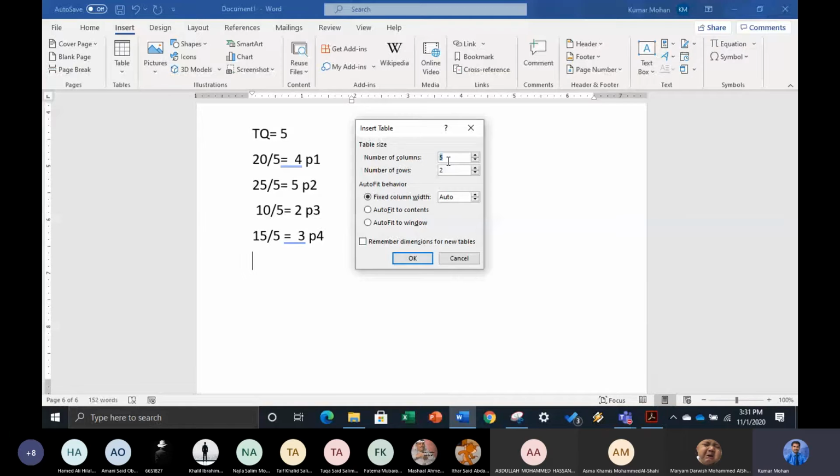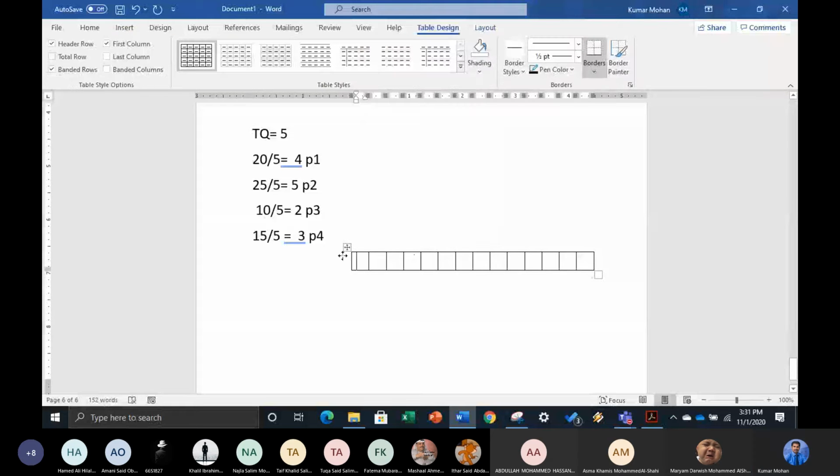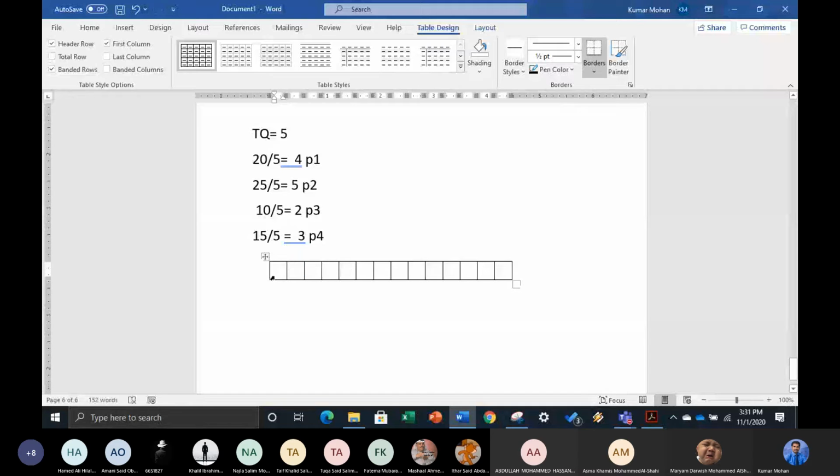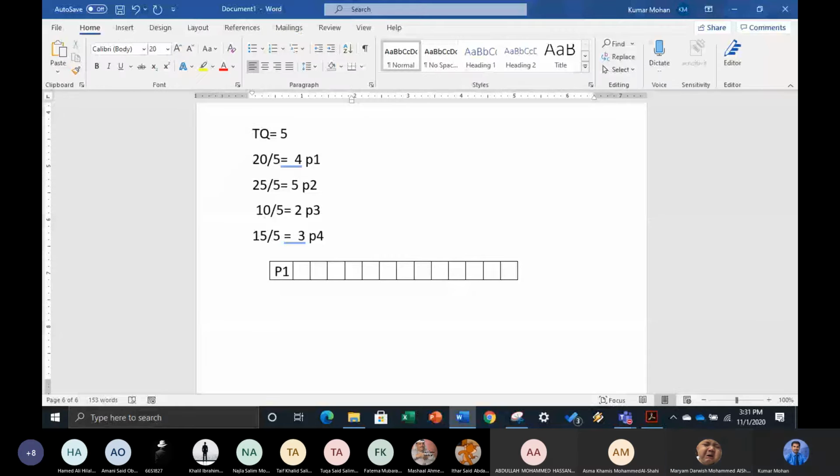So the first process will be P1. P1 time is 0 to 4. Okay, 1 minute.